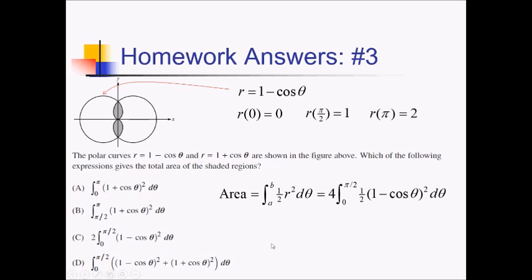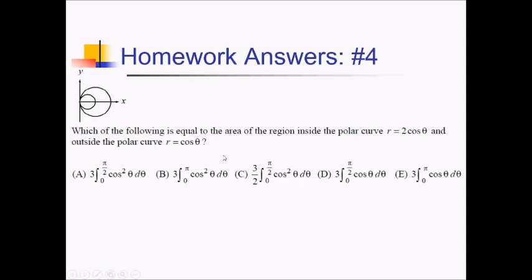So looking at my answer choices here, I've got a 1 minus cosine squared only in choice C. And that's going from 0 to pi over 2, just like ours. And it's got a 2 out front. Well, 4 times 1/2 is 2. So that's definitely going to match choice C. And we're done.